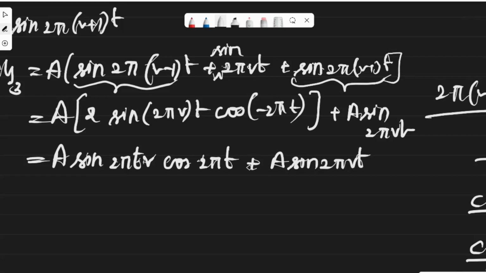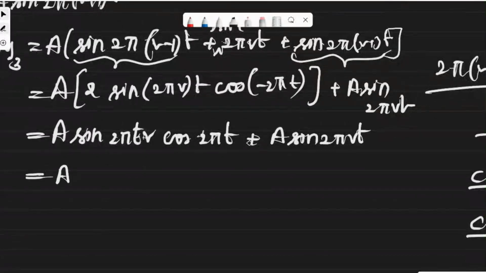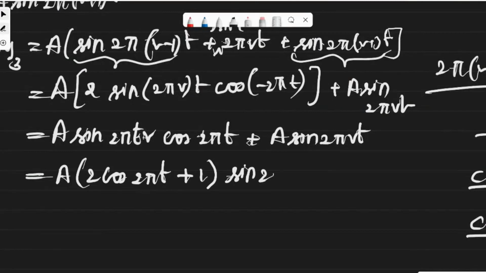If I take sine 2 pi vt common, then I would get a into 2 cos 2 pi t plus 1 into sine 2 pi vt.